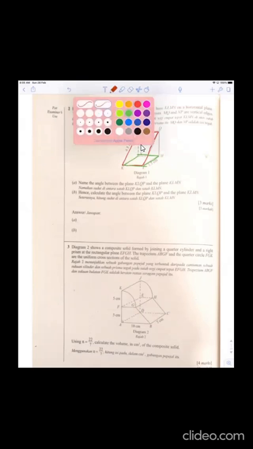Okay, the angle between them, that means is Q L M. So the answer is angle Q L M.